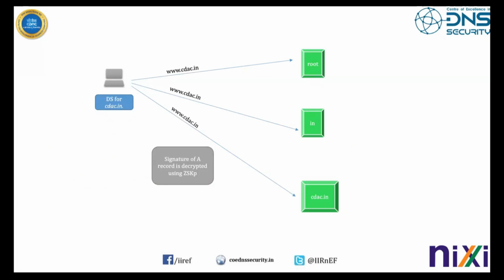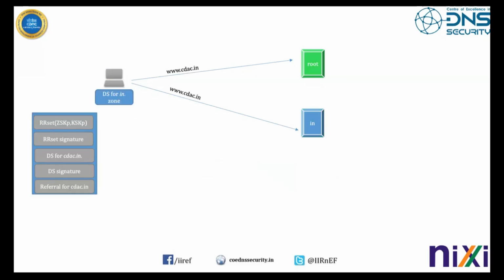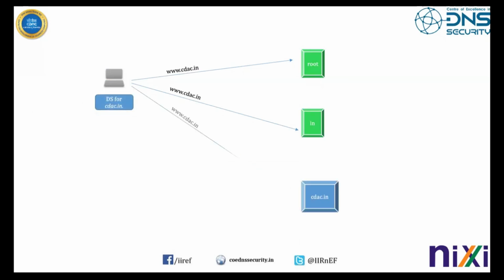So this is how it works from top to bottom. Earlier we saw the example from bottom to top, where the public key signing key was added as a DS record in the parent. Now this time we started from the root, just like the DNS query works.